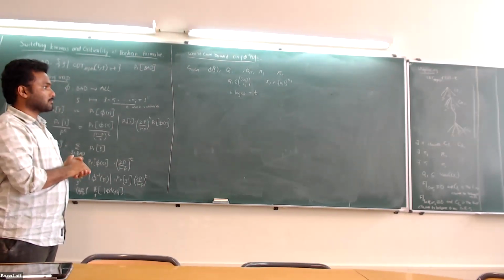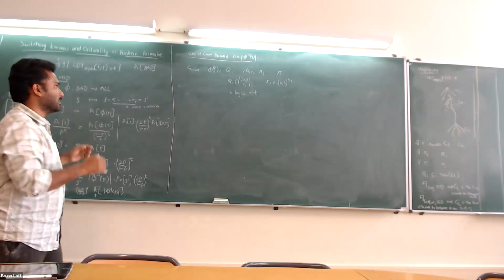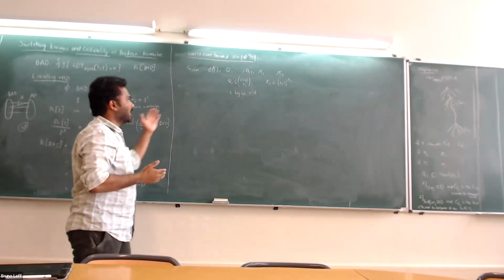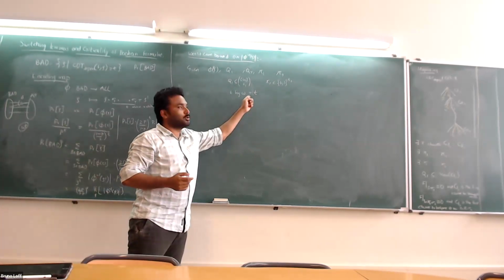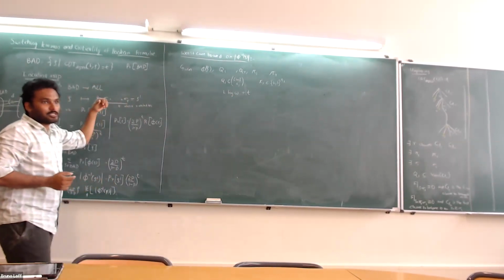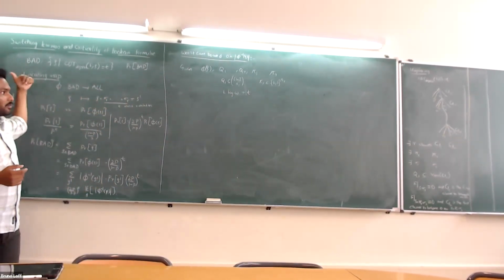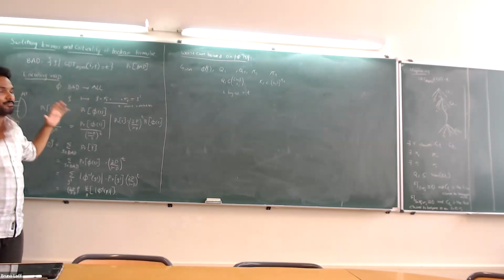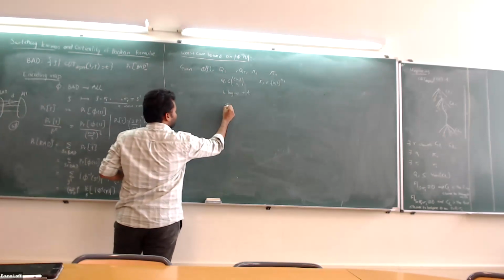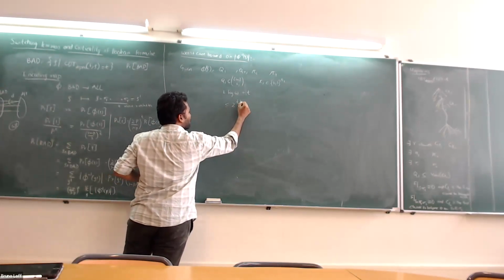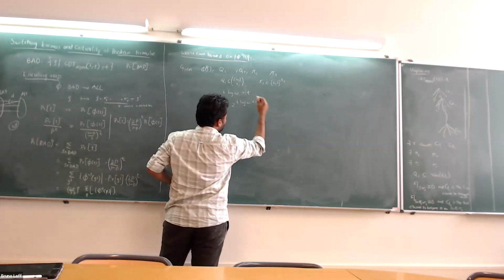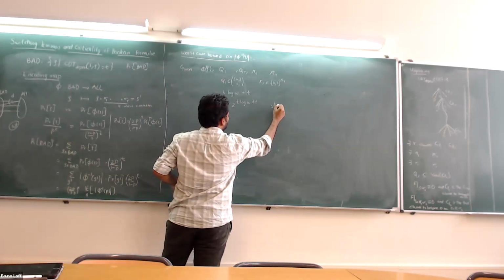So the claim is that given P of rho and T log W plus T bits, you will be able to uniquely recover rho. So the pre-image is at most W to the T times 2 to the T.